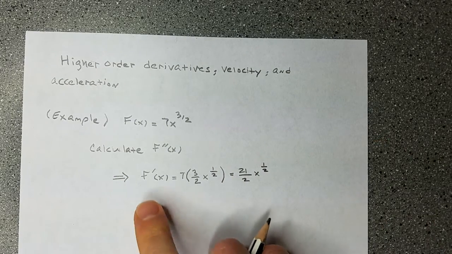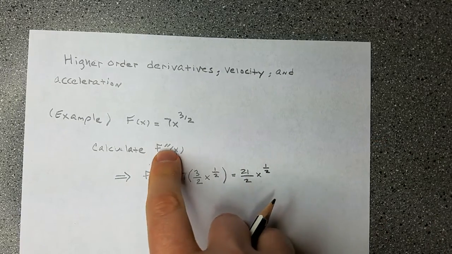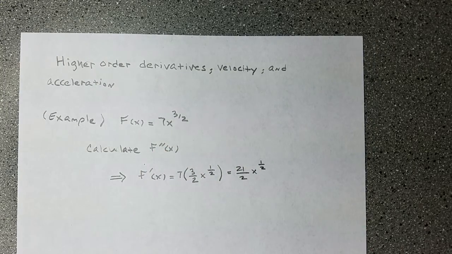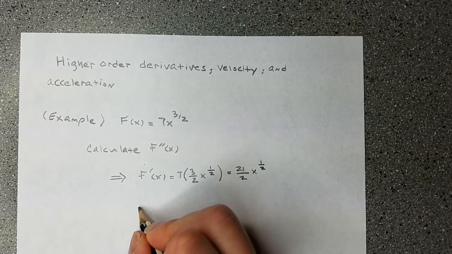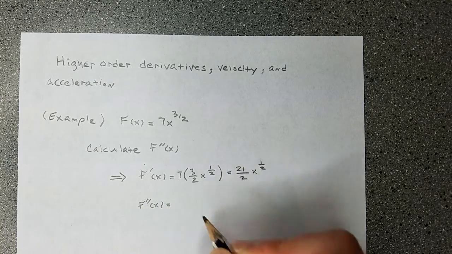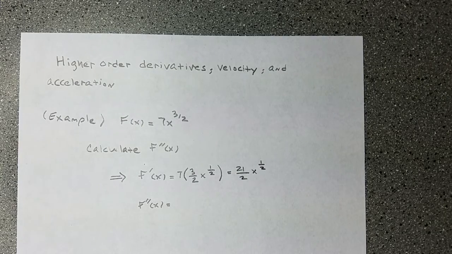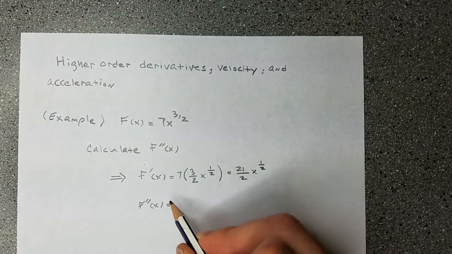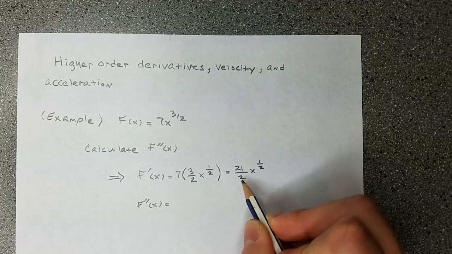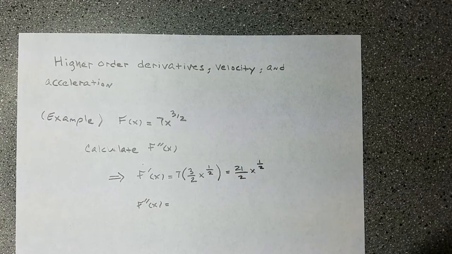All right, so then I've got the first one. The second derivative is just defined to be the derivative of the first one. So I just repeat the process, right? Like I told you, it doesn't change the rules. The rules are going to be the same. So I'd say, okay, what's to find f double prime? What's the derivative of this? 21 over 2 times x to the 1/2 power.